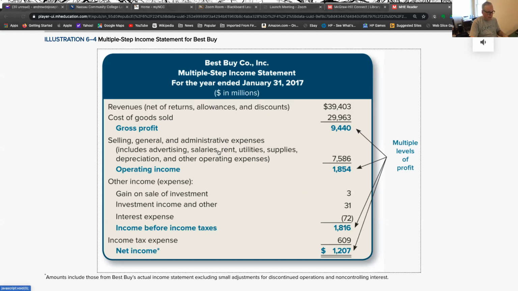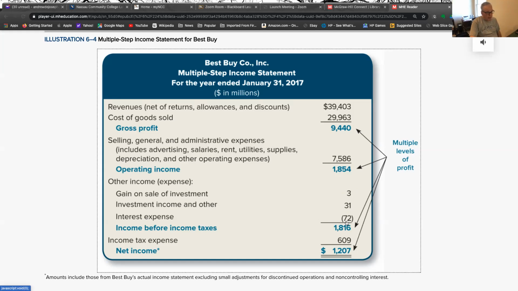Miscellaneous types of things. Gain on sale of investment. Well, you know, they're not in the investment business, but okay, so they made $3 investing in something. They have investment income. They had some extra cash. They were able to go out and invest it. They have some interest, some dividend income.